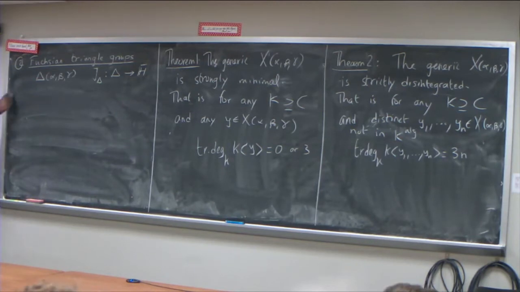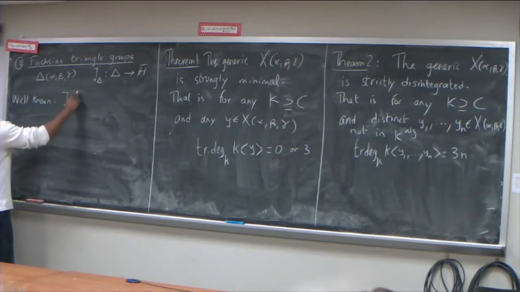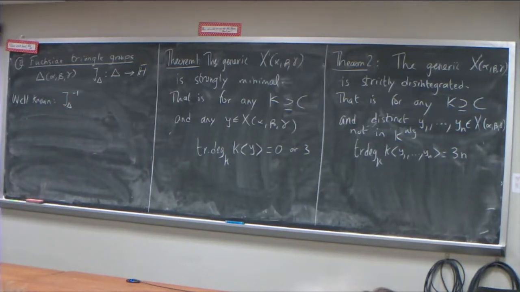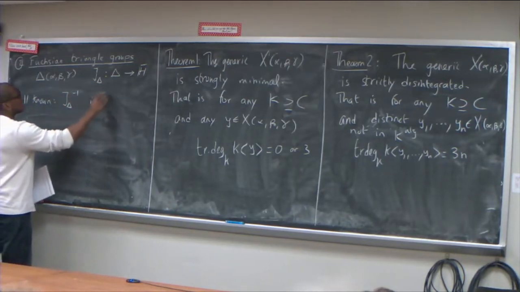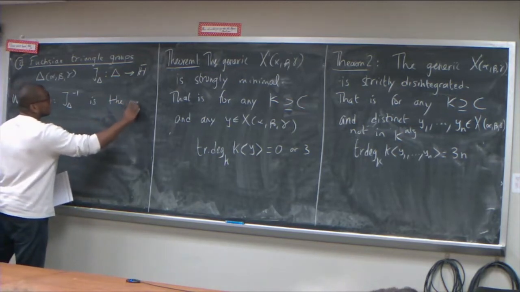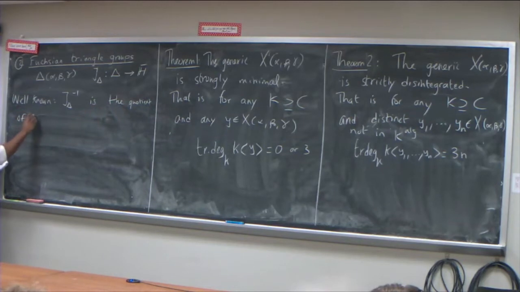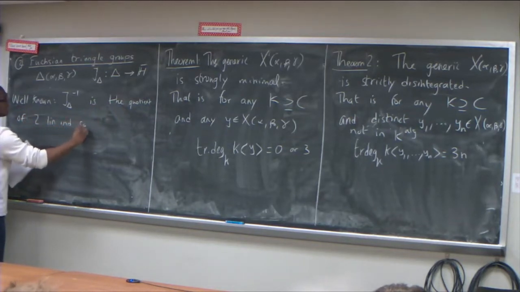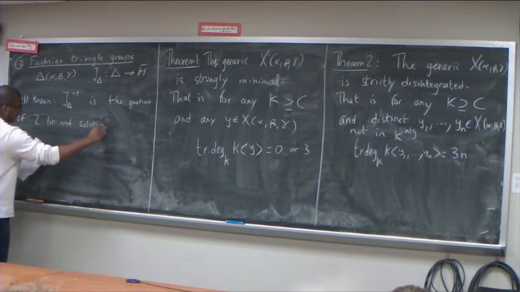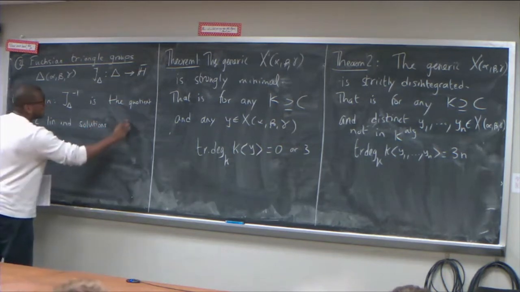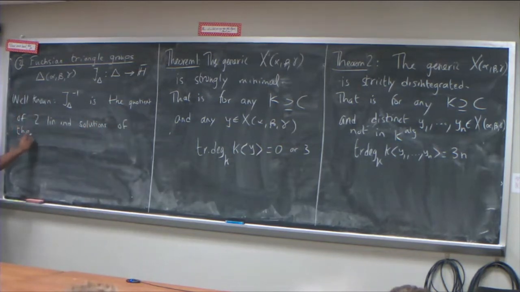So what's well known is that the inverse function is a quotient of two linearly independent solutions of the hypergeometric equation.